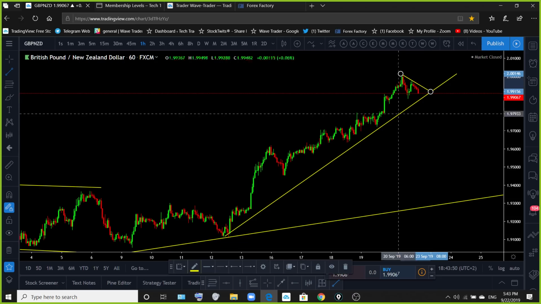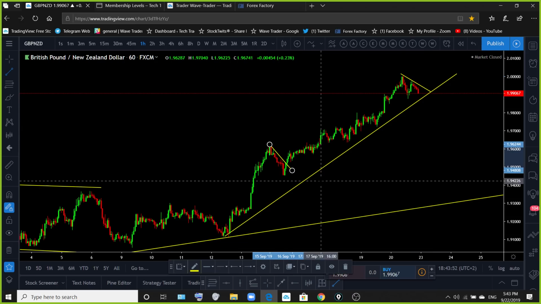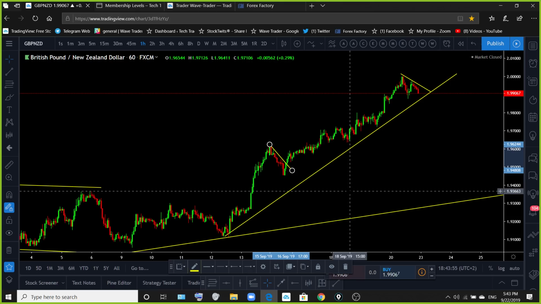Just keep pushing higher like other pound pairs. So you don't have a lot of potential on pound New Zealand dollar for buy and pound Australian dollar.